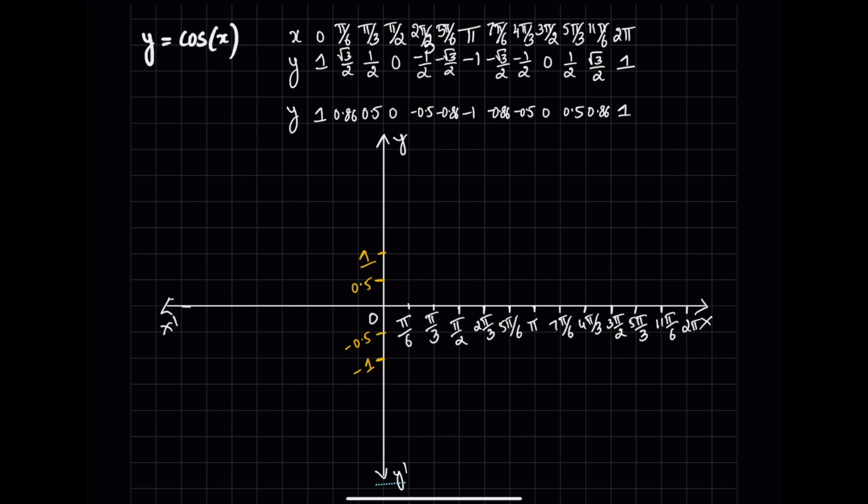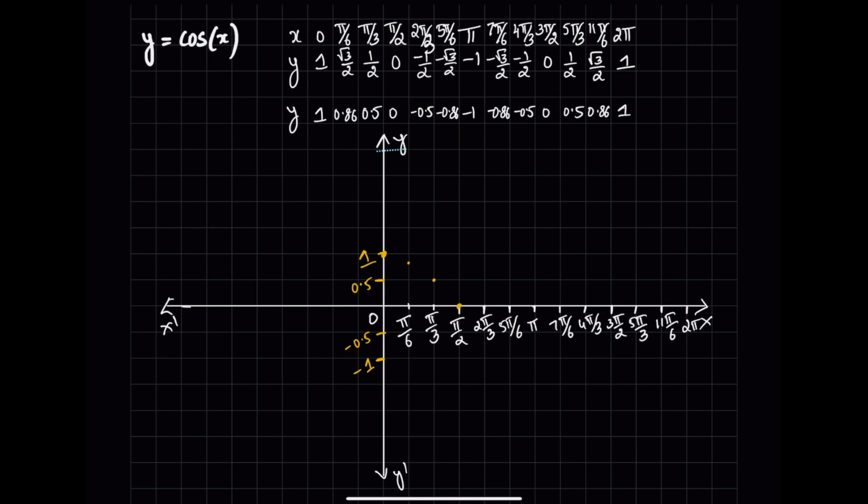Now cos 0 is 1, so this will be a point here on the y-axis. Then cos pi by 6 or 30 is 0.86, so it will be somewhere here. Then cos 60 is half at 0.5, and cos 90 is 0 on the x-axis.